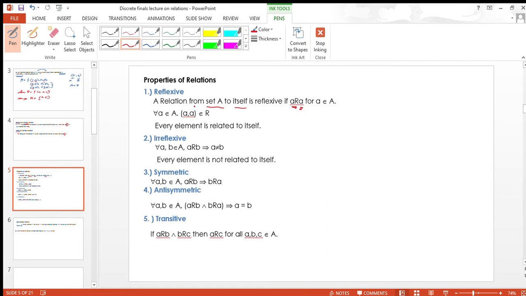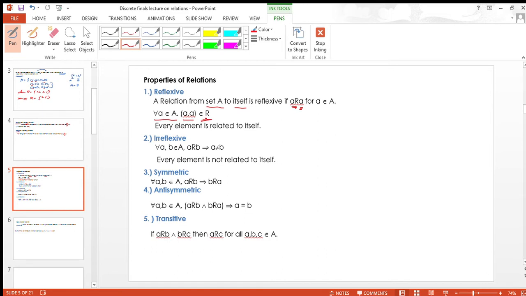So a relation from set A to itself is reflexive if for all a in A, the ordered pair (a, a) must be an element of R.